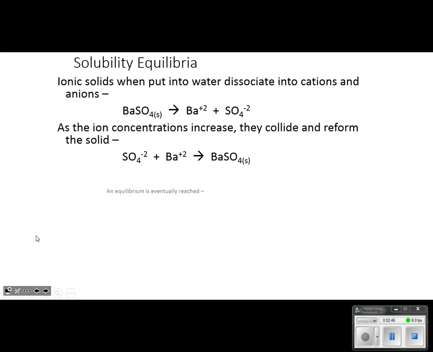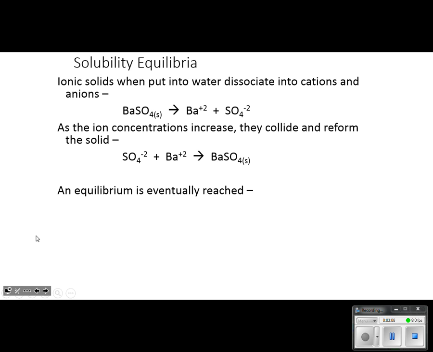Well, eventually we'll reach an equilibrium, and you remember the criteria for the equilibrium is that the rates of reaction must be equal. The rate at which you're producing the products must equal the rate at which you're producing the reactants. And the other criteria we have to meet is that the concentrations can no longer change.